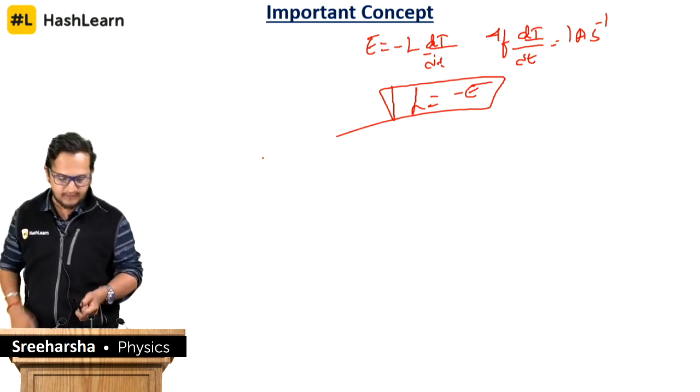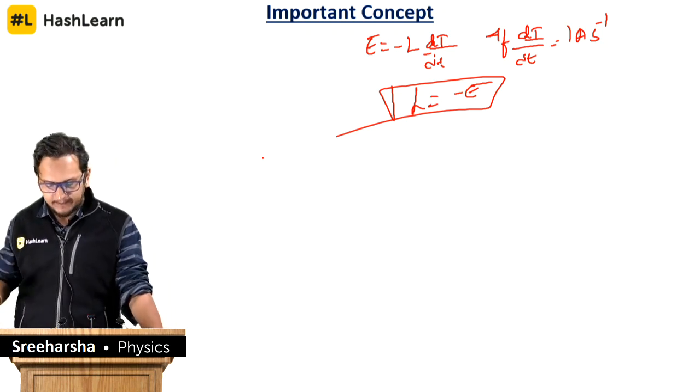So that is your self-inductance, which is equal to L into di by dt.